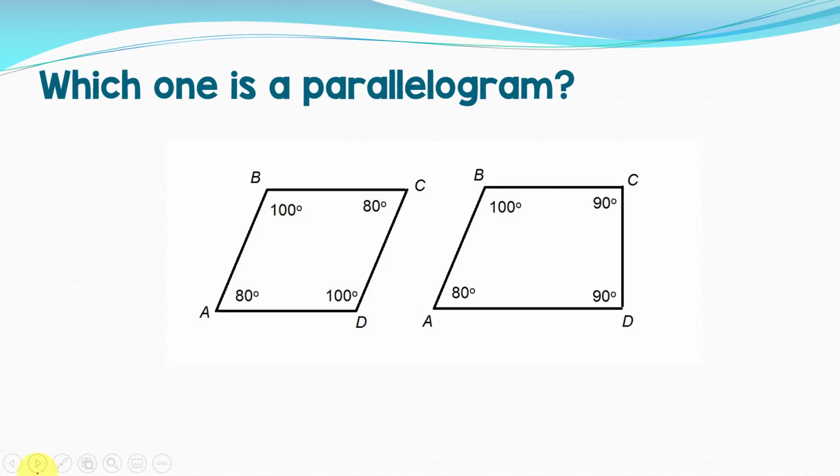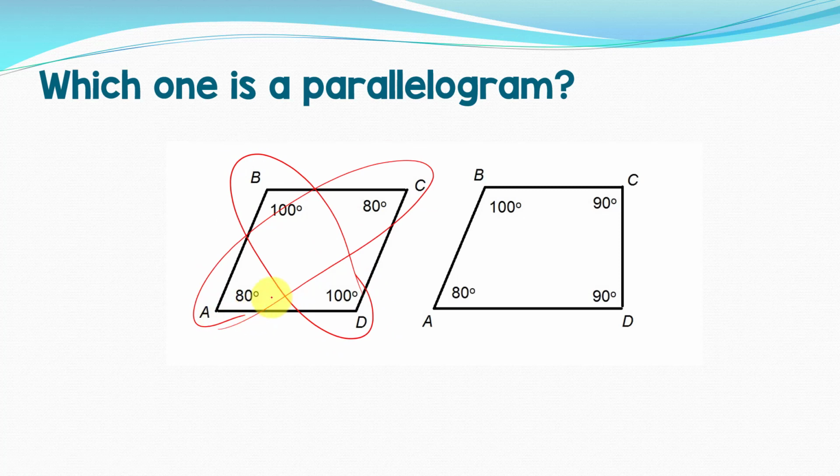Okay. Which one of these? Well, this one, of course, has opposite angles are congruent. So opposite angles are congruent. This one does not have that.